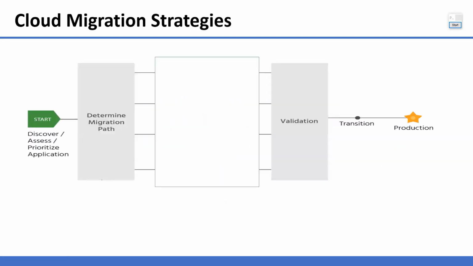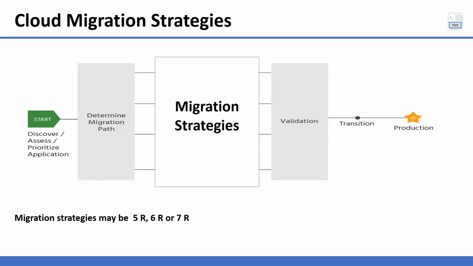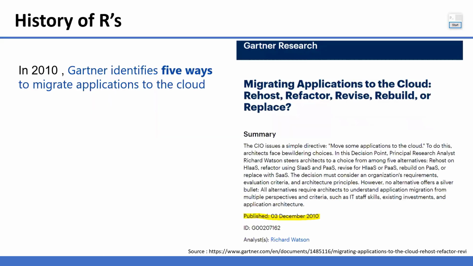Whenever we need to do such a migration, we have to define certain strategies. And what are those strategies? These strategies are based on R's, and are called migration strategies. These migration strategies may be 5R, 6R, or 7R. So what is R?